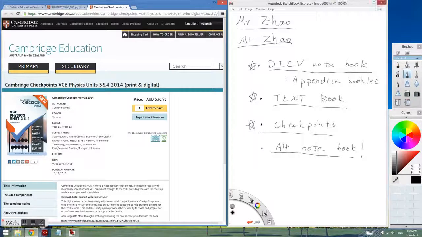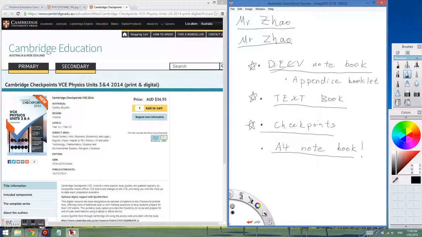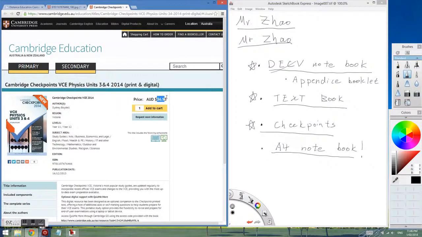The book from the internet says it's $36, $37. I know it's quite expensive, but you need the right tool to do the right job. With learning physics, you need to get the material. This book contains all the past year exam papers.